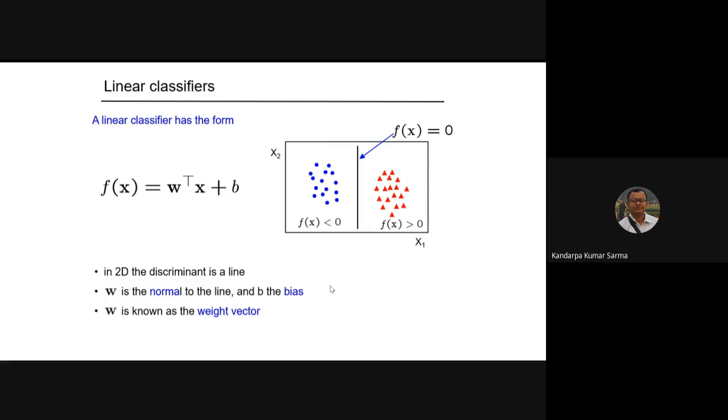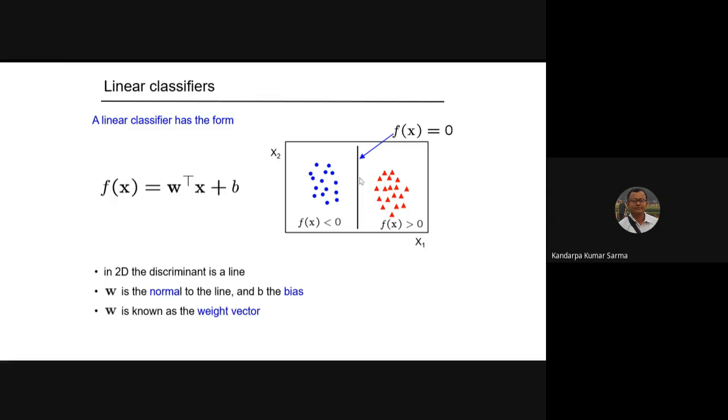We can further go in for the definition of linear classifiers as we have done previously. So this is small f of x, taking the value of w transpose x plus b. This is the equation of a straight line, and can be the basis of formation of a linear classifier.